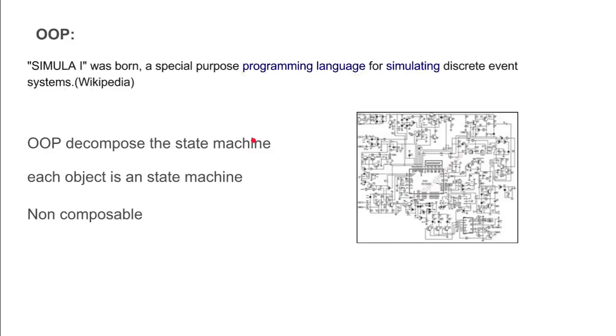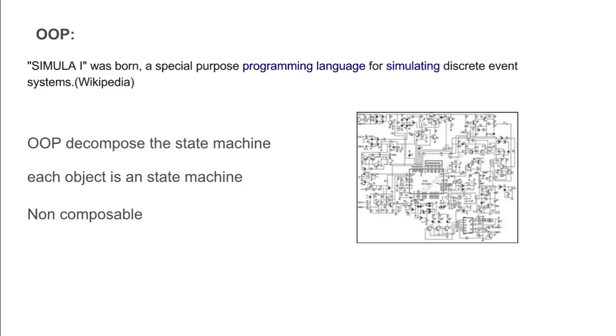To half solve this problem, OOP was basically born for this purpose. The first language, Simula 1, was born to handle many events from different objects in a simulation.